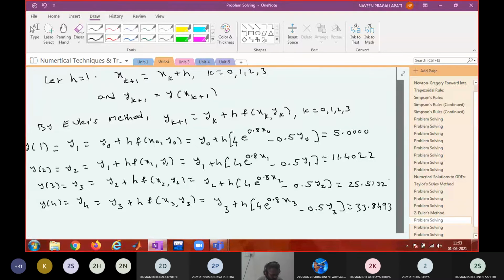Take 2 problems as homework in Euler's method.